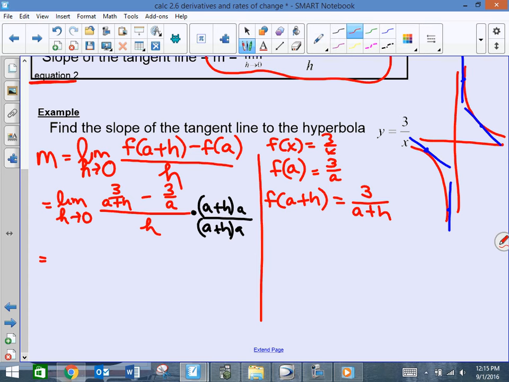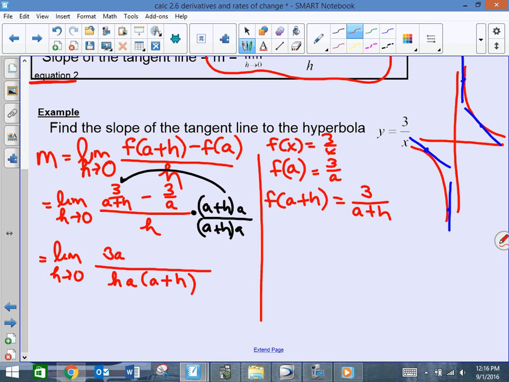All right, here we go. We're going to distribute. I'm going to write the bottom because sometimes I forget. All right. What is the top? We're distributing that A plus H times A times 3 over A plus H. What do we get when we multiply this times that?